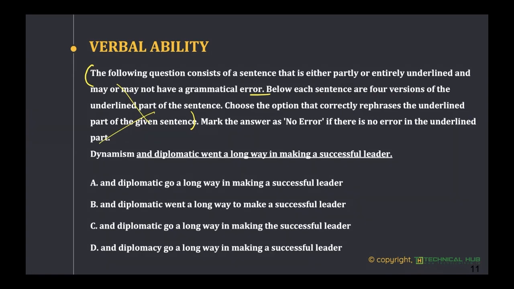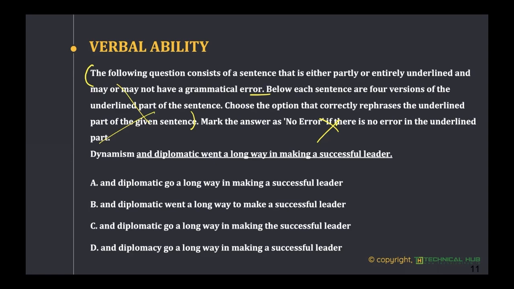Let's see. Dynamism and diplomatic went a long way in making a successful leader. Now, which one could be the answer? Dynamism, what do you mean by dynamism? It's a noun. Like, his dynamism is so good. He's so dynamic, we say. And diplomatic, what do you mean by diplomatic here? Again, noun.